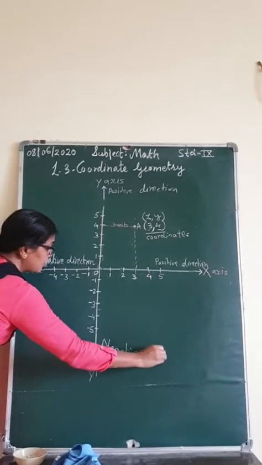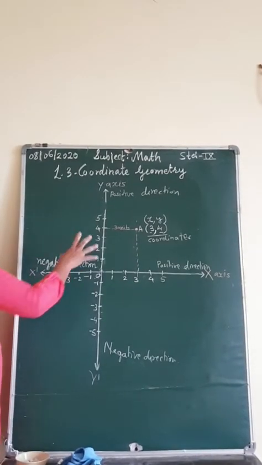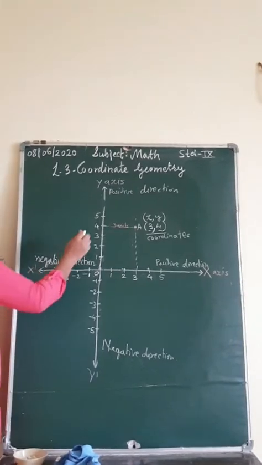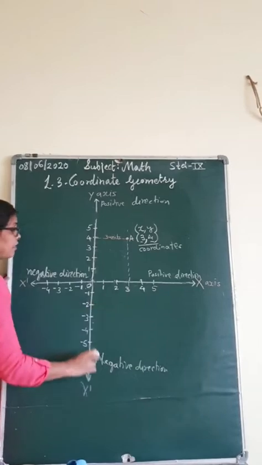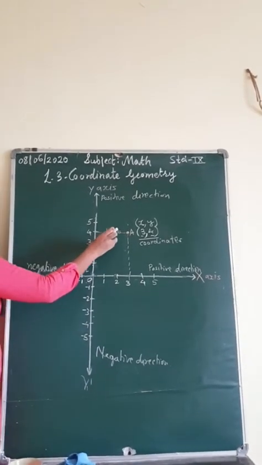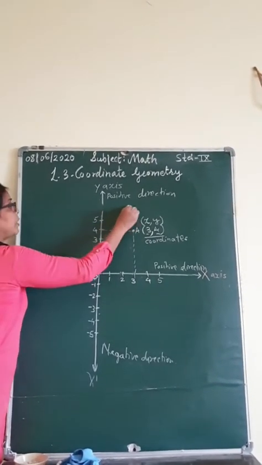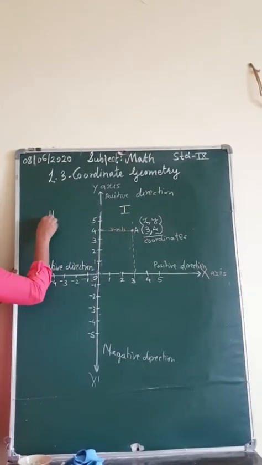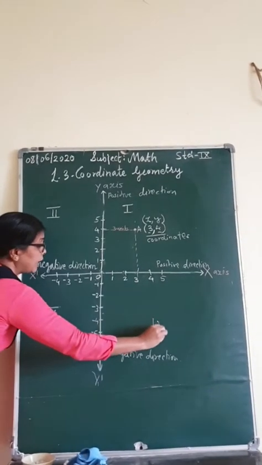Now with the help of this positive and negative direction, we are naming the 4 quadrants. Because of this plane, we get 4 quarters. This coordinate plane has divided the whole plane into 4 quadrants, or 4 parts. So this is the first part, then the second part, third part and fourth part.